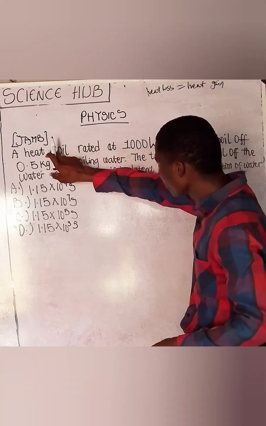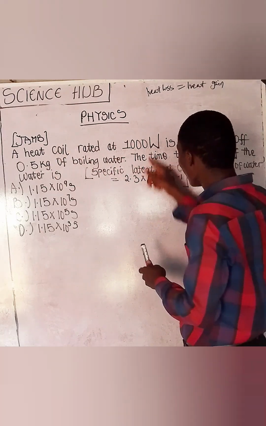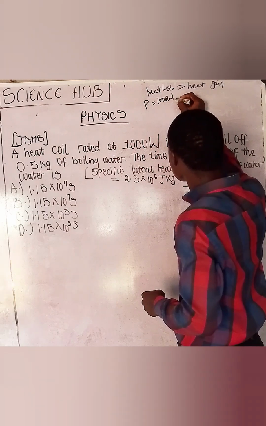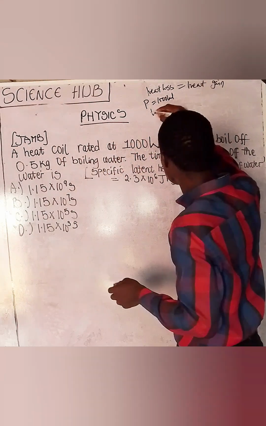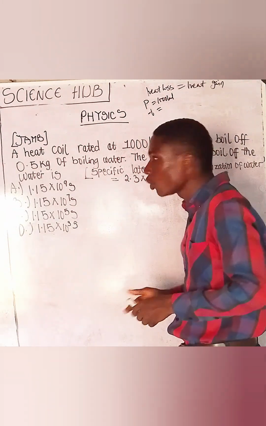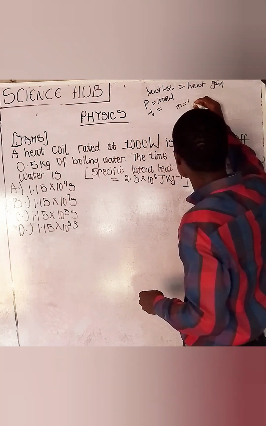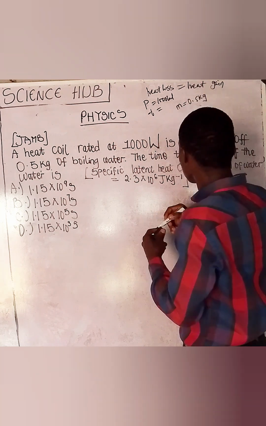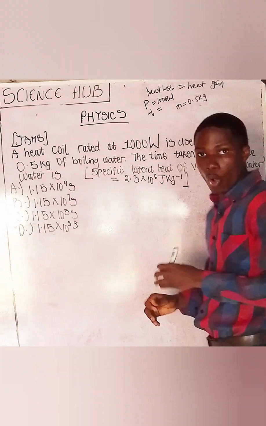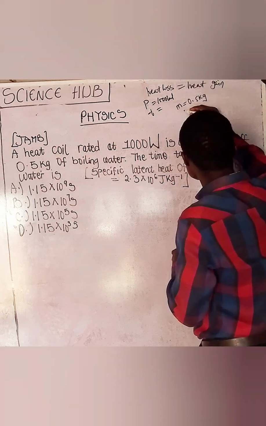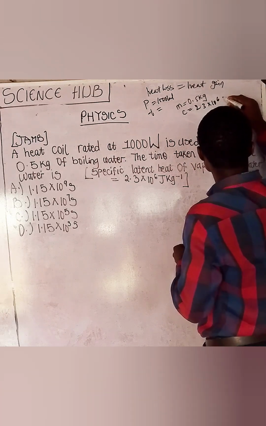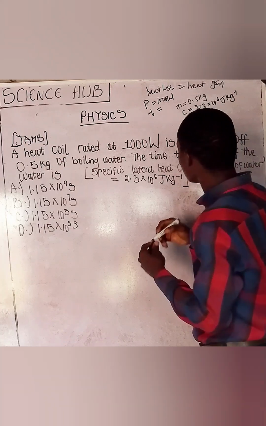The heat lost from this coil at a power of 1000 watts, that is P, at a particular time T, which is what we are looking for, is used to boil off a mass of boiling water, which is M, equal to 0.5 kg. And this is the specific latent heat of vaporization of water, which is also C, 2.3 times 10 raised to the power of 6 joule per kilogram.